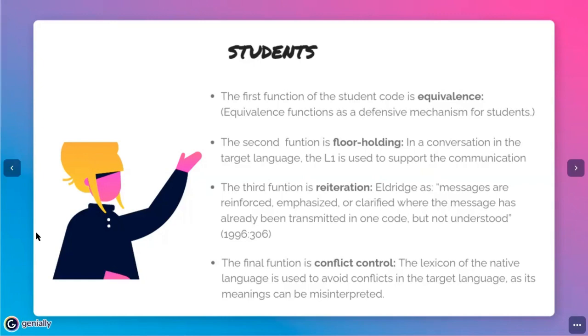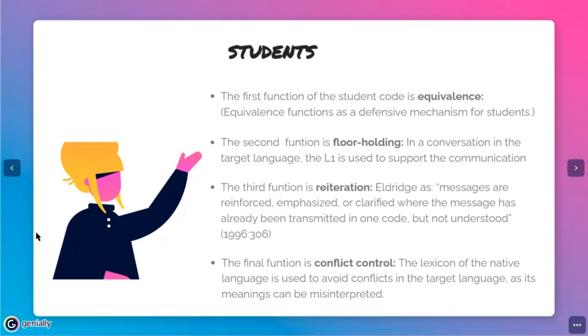The final function is conflict control. You know that in English, for example, we can find a lot of different words that have similar pronunciation, or the same word has different meanings.